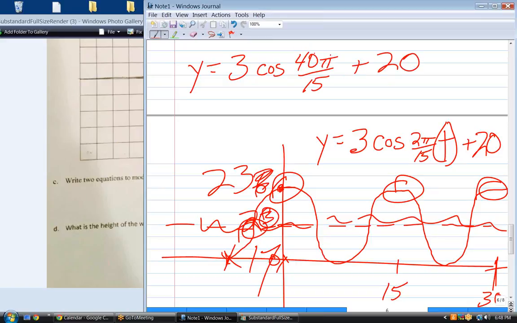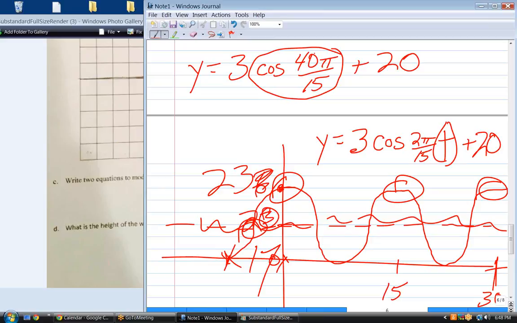So the question is what is that number right there? That is cosine of... You can do that on your calculator directly, I think. Let's see, 40 pi over 15. Should be a negative number.